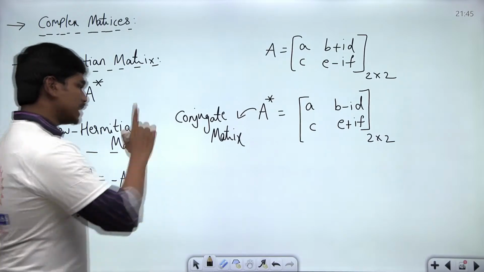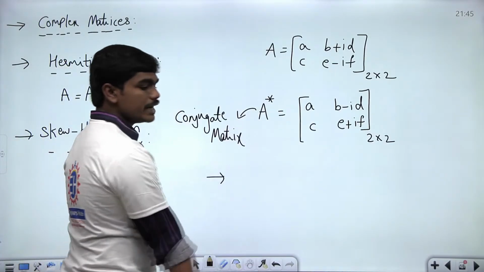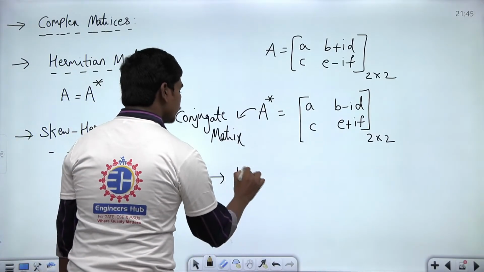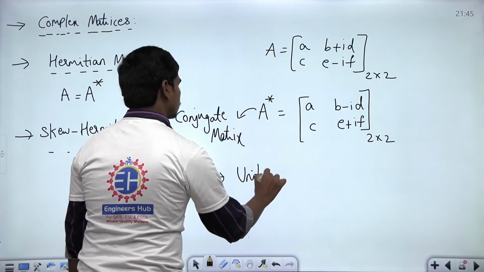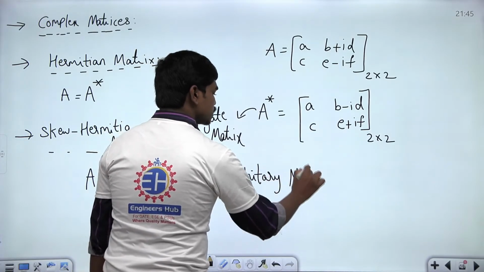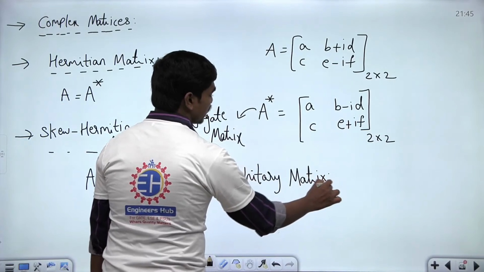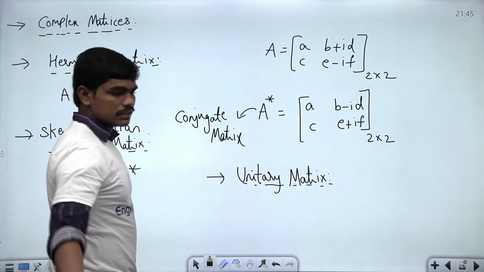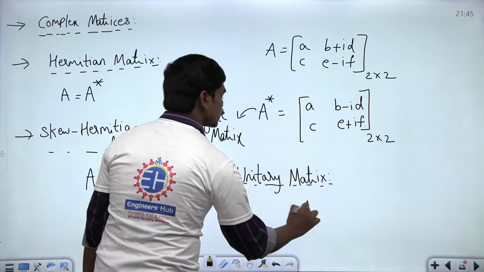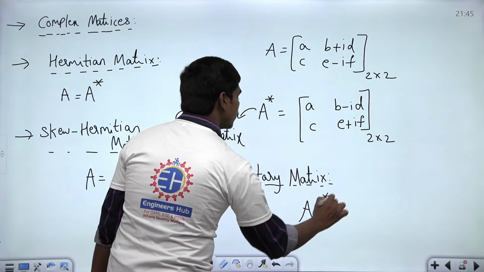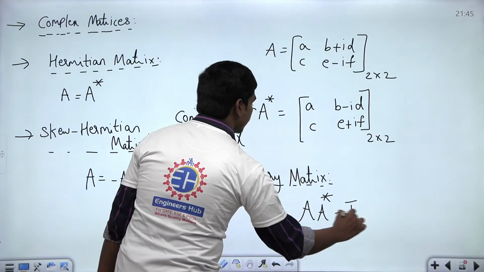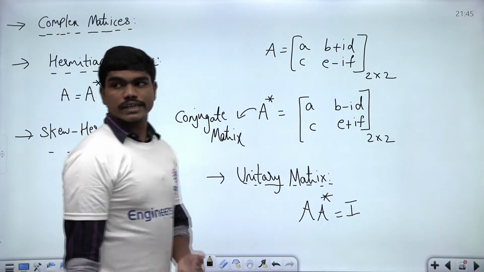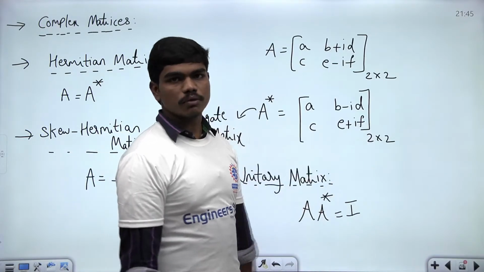And of course, as we have an orthogonal matrix where A into A transpose is equal to I, here we call that a unitary matrix. Generally questions don't come from this, or even if they come, they involve some matrix multiplications, but I just want you to know the things. So we write A into A star equal to the identity matrix. So these are three different kinds of matrices which can even involve some complex numbers.